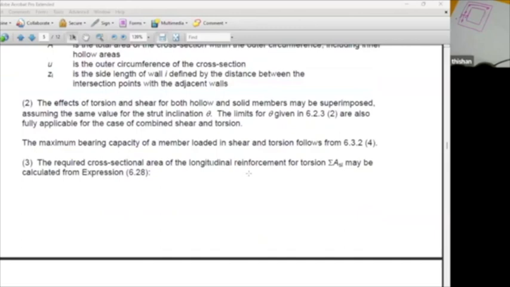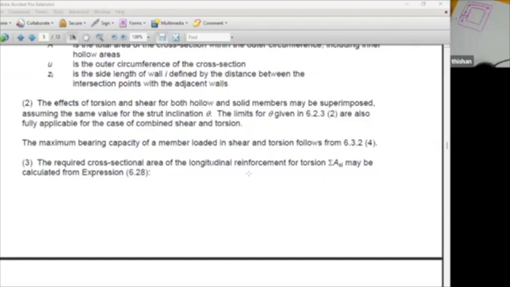Then one of the things about torsion is, because torsion goes right round, providing the link alone is not sufficient. So we need extra longitudinal reinforcement as well.